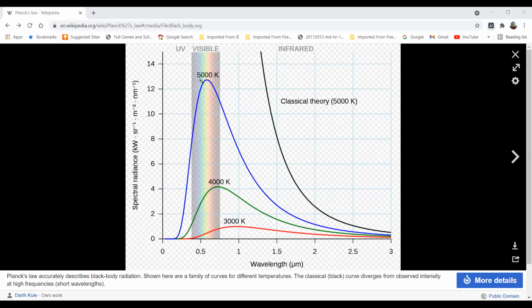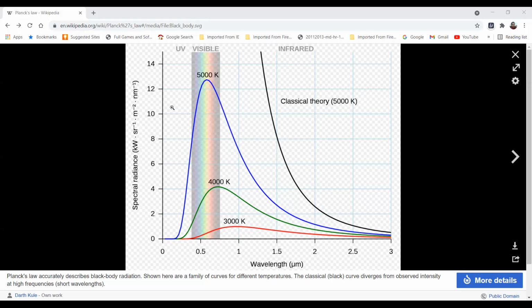The peak value of radiation energy density is observed in the visible region if the temperature of the body is around 5000 Kelvin. If temperature is lower, the body will emit radiation in the infrared region. If temperature is much higher, the body will radiate the energy in the ultraviolet region.